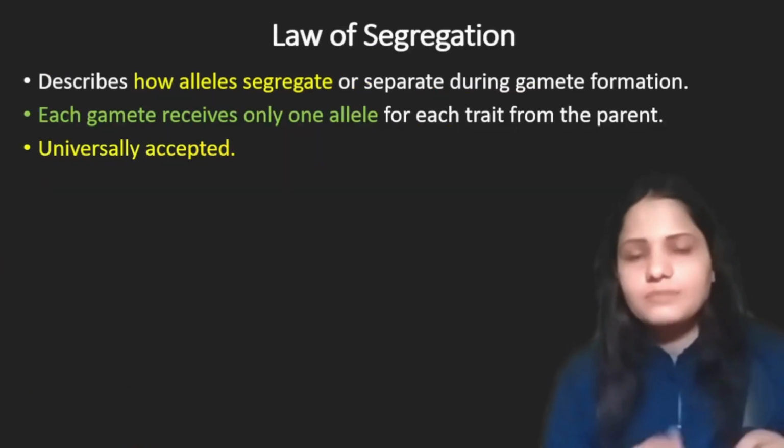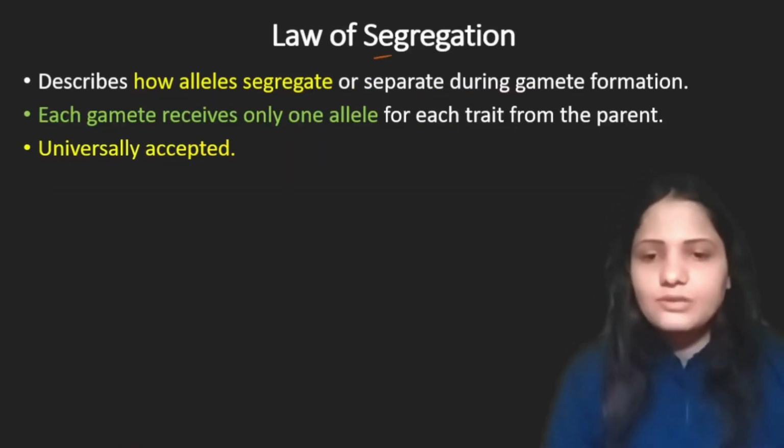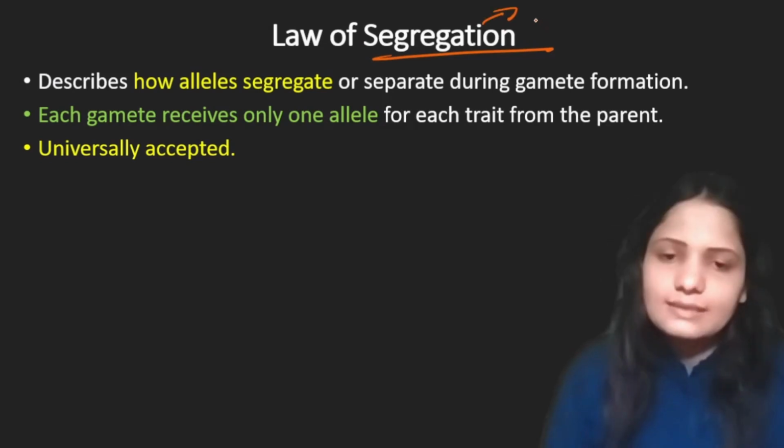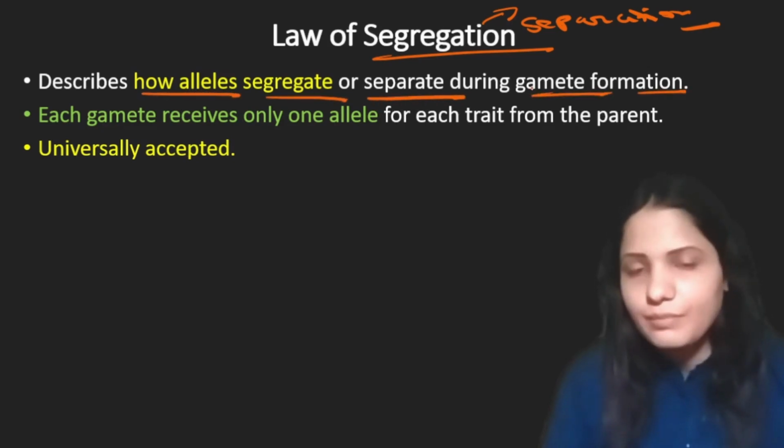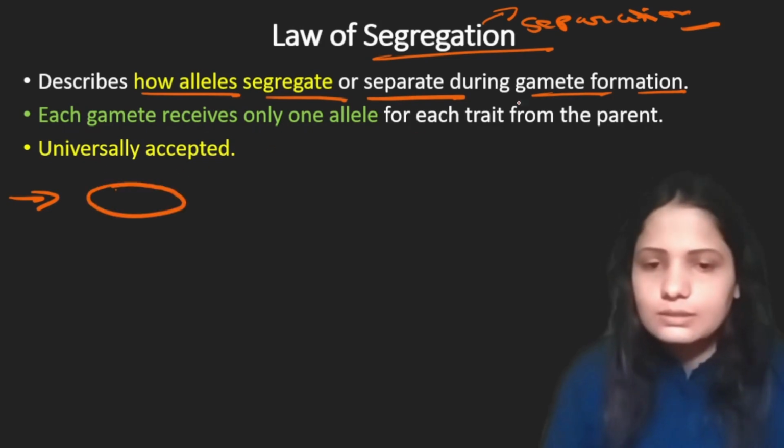Next we have the law of segregation. What does segregation mean? Segregation means separation. So the law of segregation describes how alleles segregate or separate during gamete formation. In our introductory slide we discussed that this is a cell, and this will give rise to gametes.